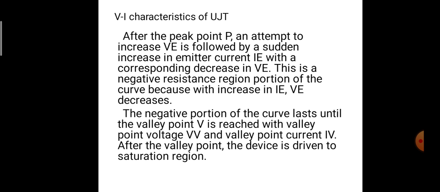After the peak point P, an attempt to increase VE is followed by a sudden increase in emitter current IE with a corresponding decrease in VE. This is the negative resistance region portion of the curve because with increase in IE, VE decreases.